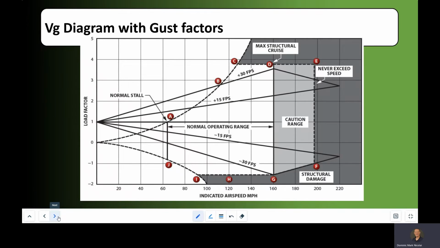All right, taking a look at another of the FAA charts. The VG diagram. This is figure 5 if you wanted to take a peek at it. You can see the standard positive lift line.